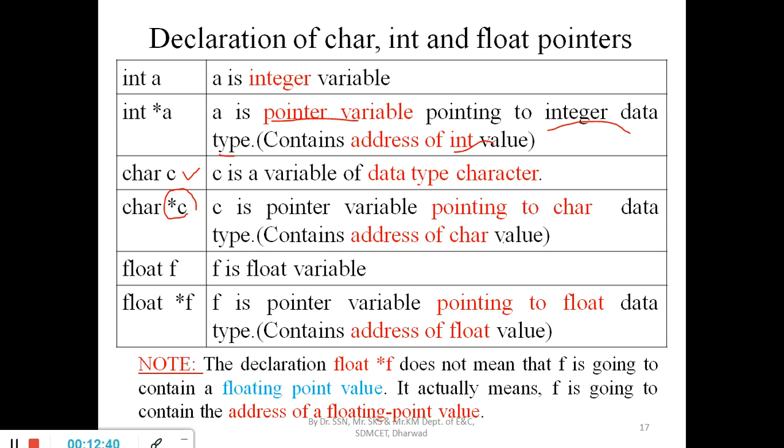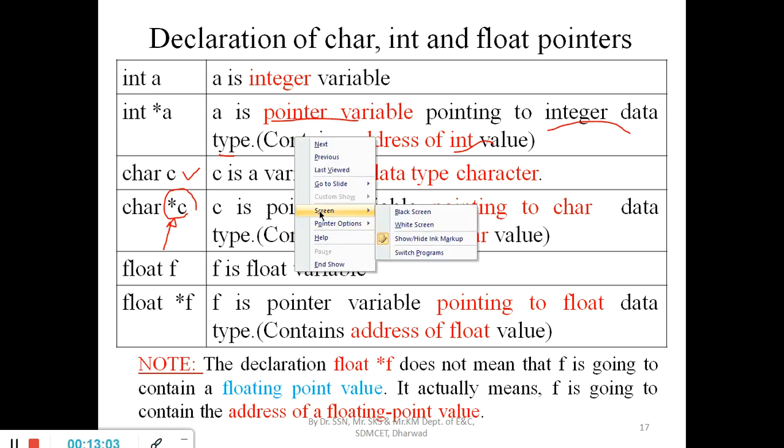It holds the address of the character value. You need to understand that one point should be very clear. The star c doesn't mean that it holds the character value. The c will never hold the character value.